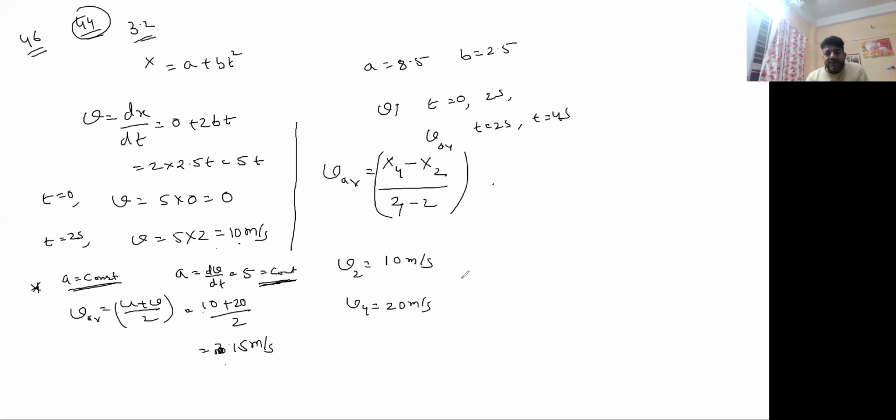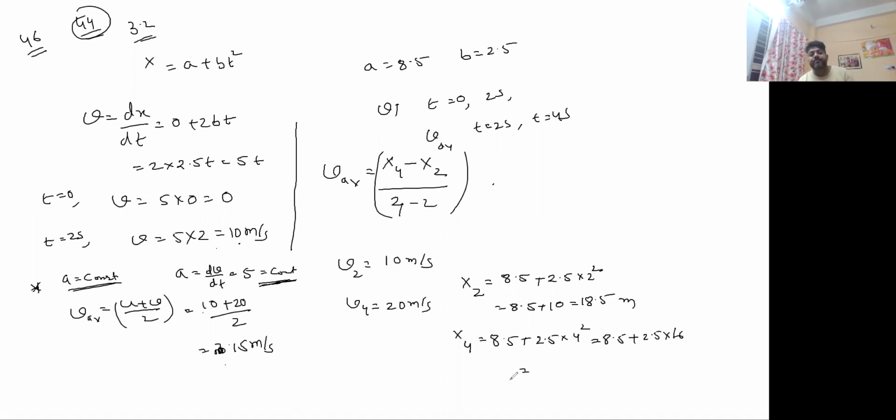For that, you have to find the distance at 2 seconds. That is a is 8.5 plus b is 2.5 into 2 square. So 8.5 plus 4 times 2.5, how much is it? 10. That is 18.5. Yes or no? And what is the distance in 4 seconds? 8.5 plus 2.5 into 4 square, that is 8.5 plus 2.5 into 16.